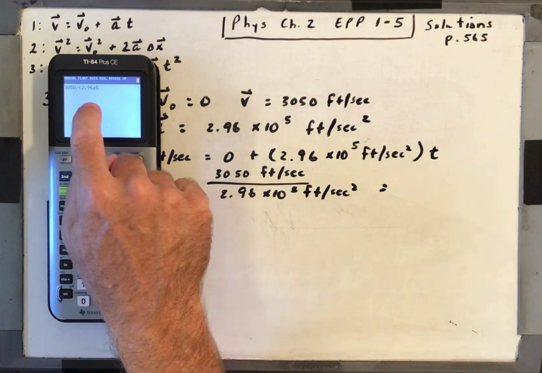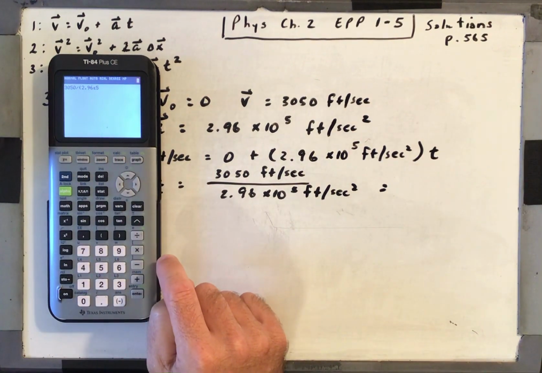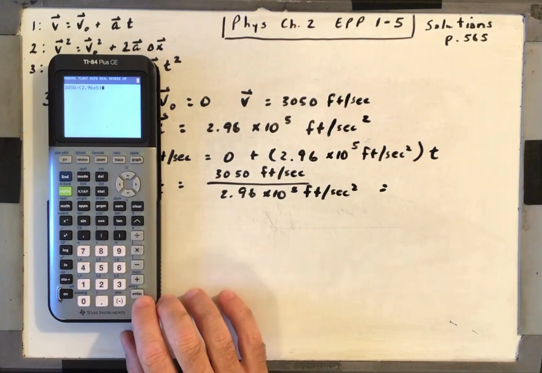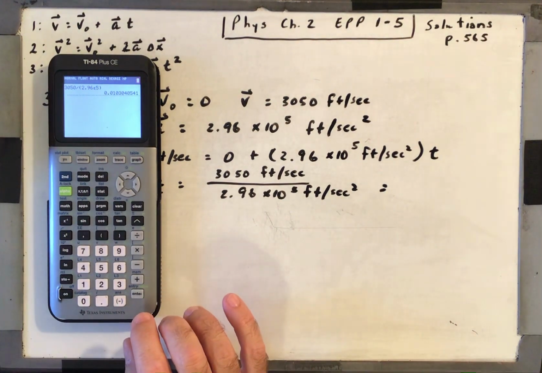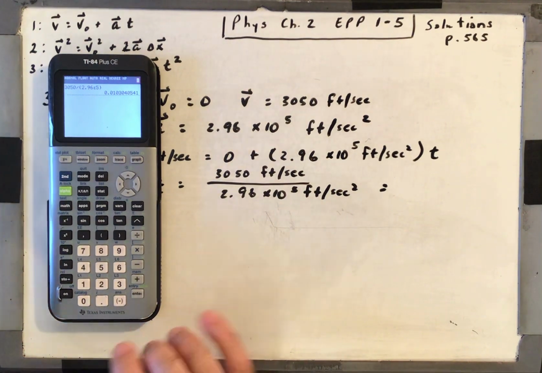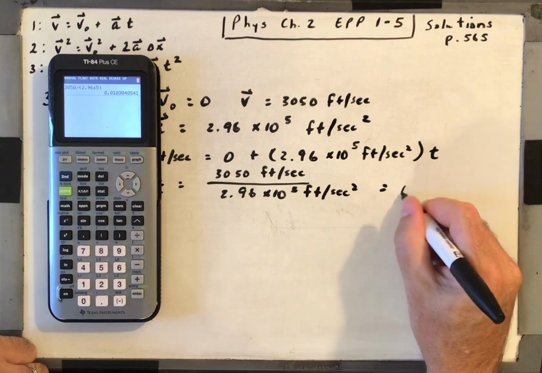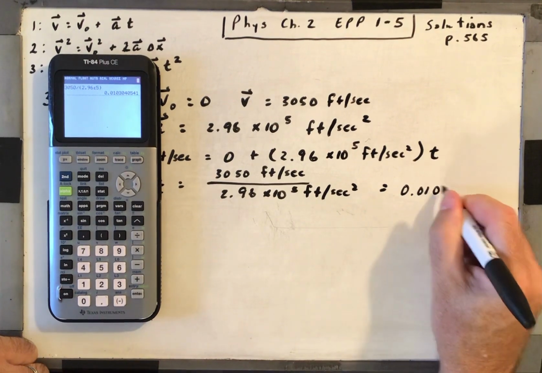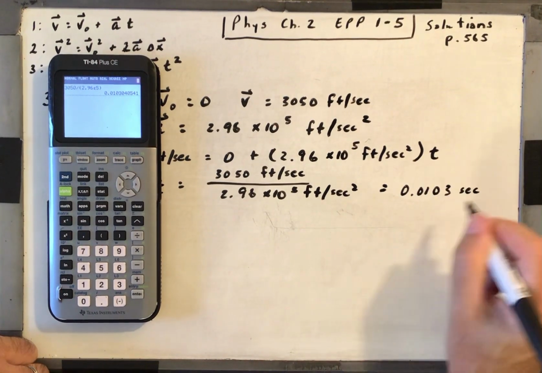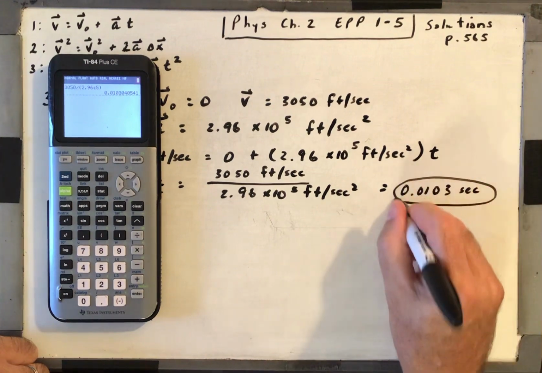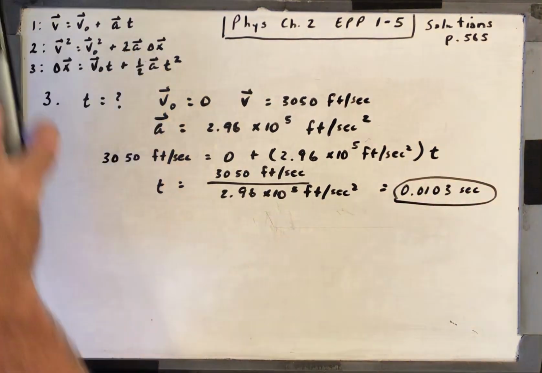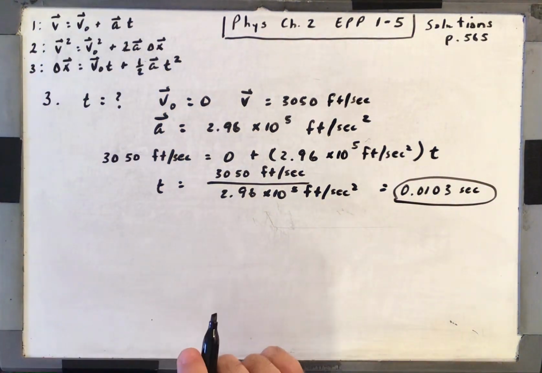All right, so that E to the 5th, so 10 to the 5th, right parenthesis, and you will get 0.0103 seconds. So it doesn't take very long, but you know, it is a bullet.